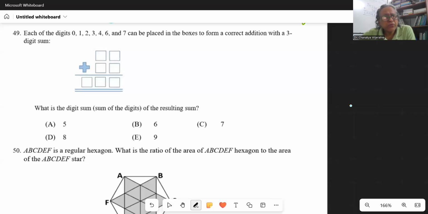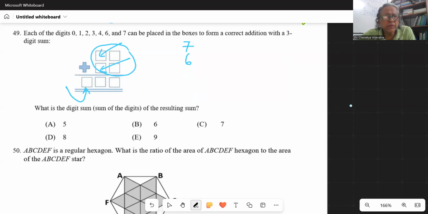Now, I'm going to focus on this box first, right? And I can see that it has to be 1. How? Because here, the maximum would be, I'm going to put 6 and 7 in the tens places. So 7, 6, right? Here 7, here 6, and that means this is going to be 130.